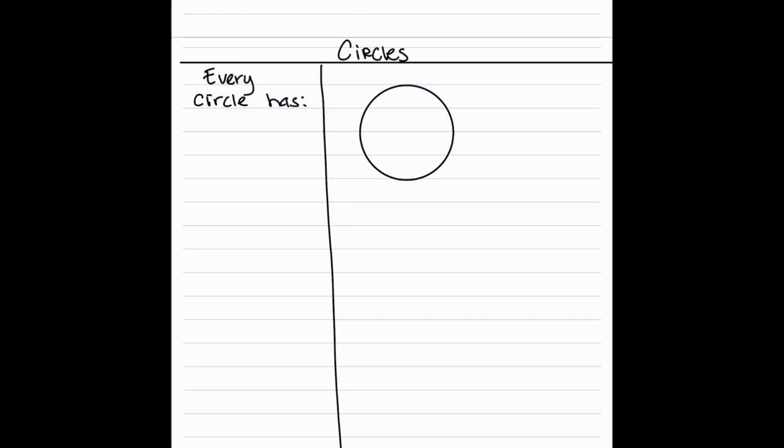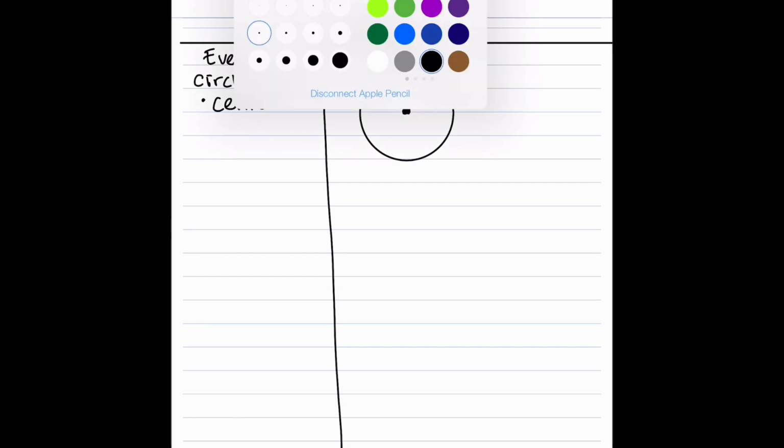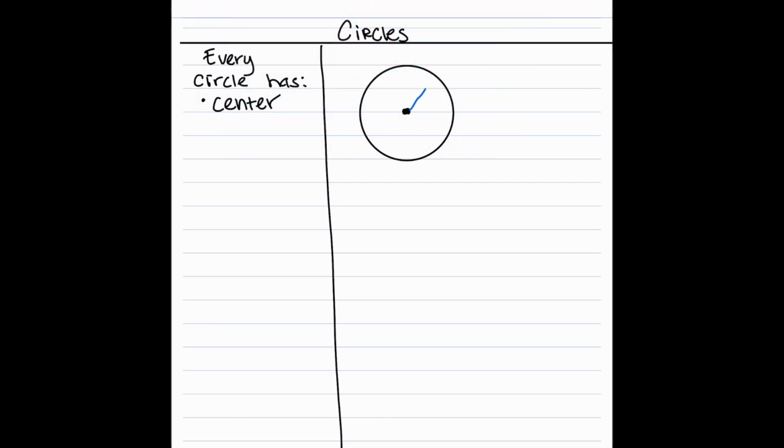Okay, so let's go over some properties of circles. Every circle has a center, which is just a dot in the center of the circle. So kind of estimating, I would say that that center is right about there. And every circle has a center. What's special about the center is that the distance from this center to any part of the circle will always be the same if it's the true center.